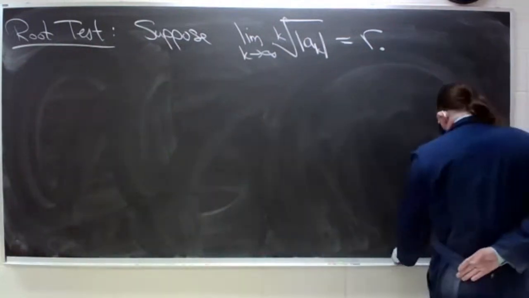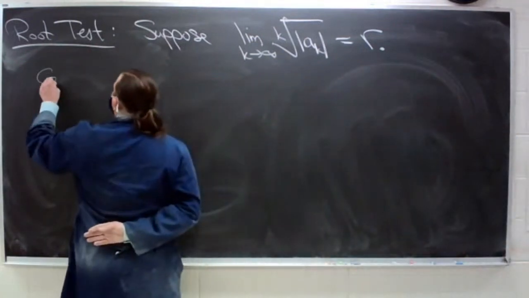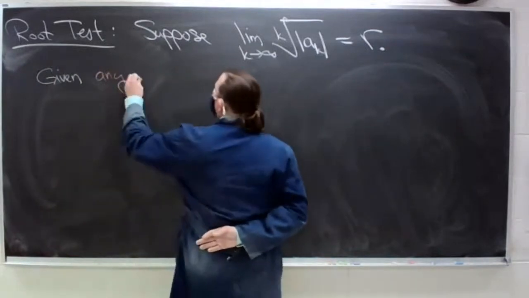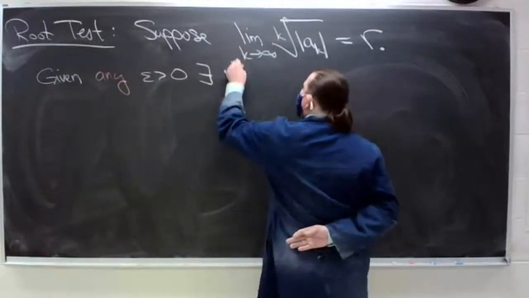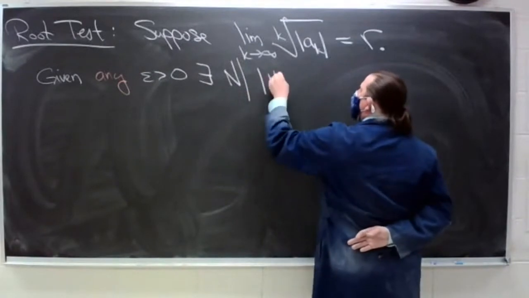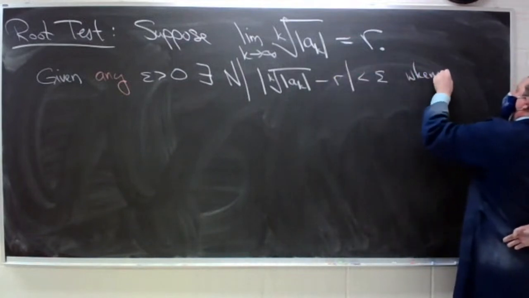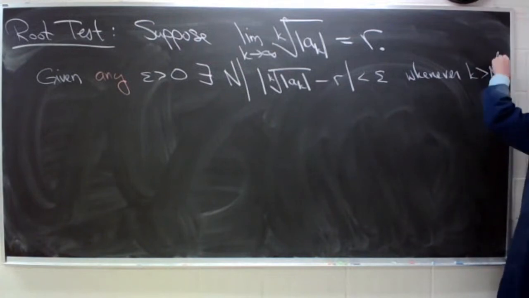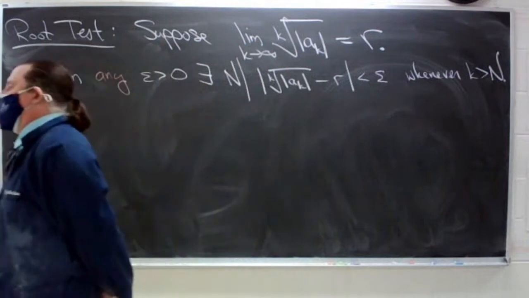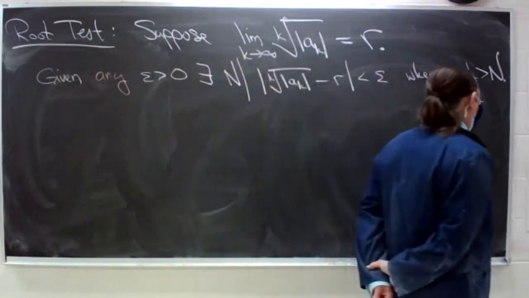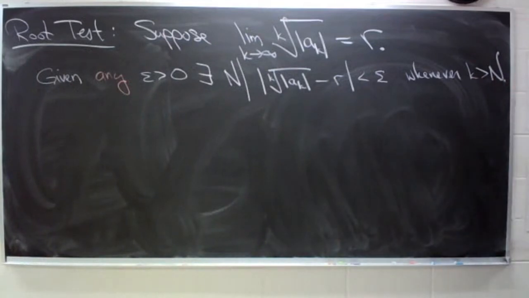What this means is, given any epsilon greater than 0, there exists a capital N so large that the kth root of the modulus of a_k minus r is less than epsilon whenever k is greater than capital N.